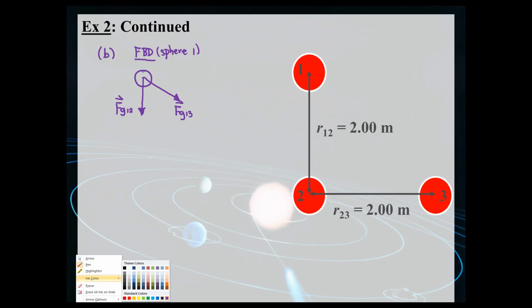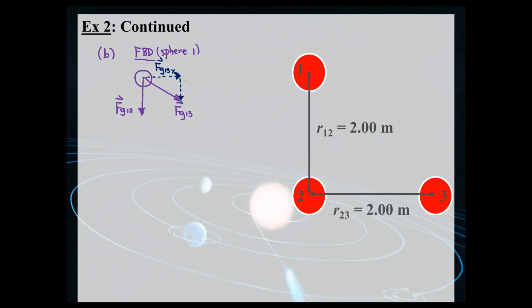We'll do this with blue. So do my horizontal component first. So this goes across, and we'll call this FG 1, 3 X. Vertical component goes down.